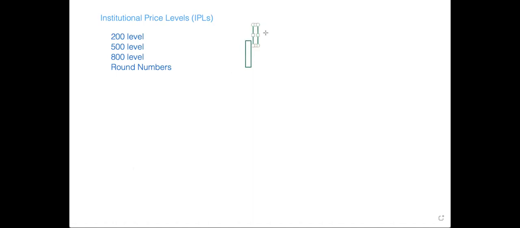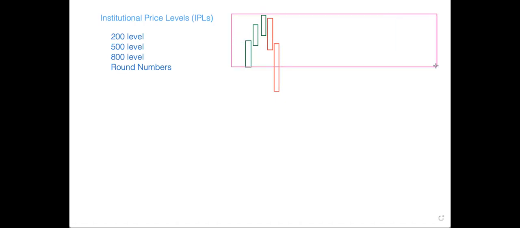So we have this bullish price action, and then we have the bearish one. Whatever time frame it is, just imagine maybe this is a 1 hour order block. Definitely we know this is the order block.